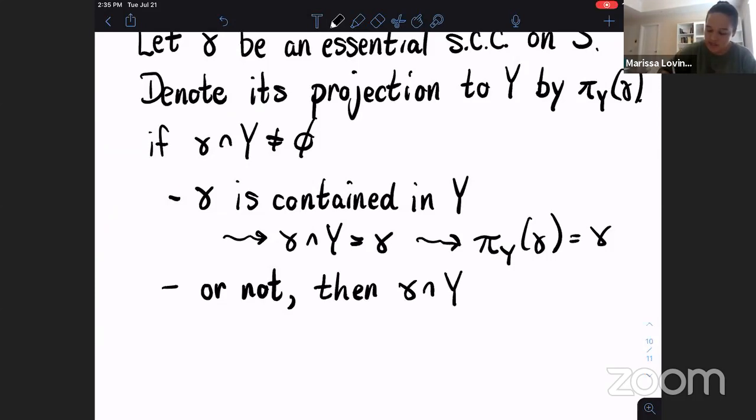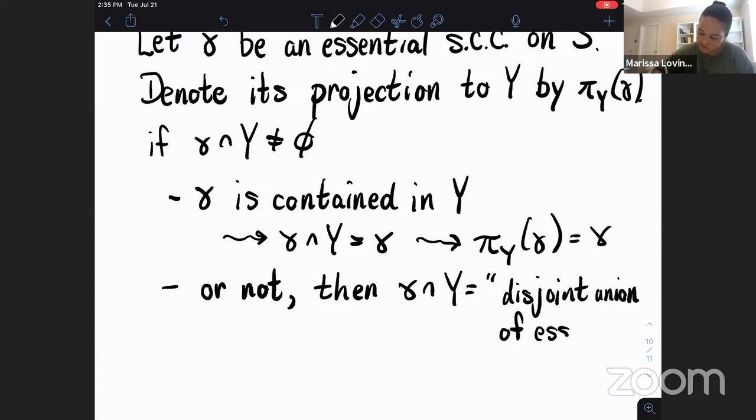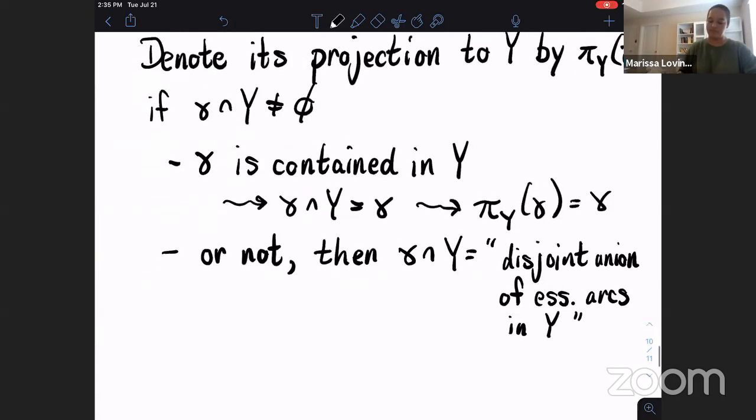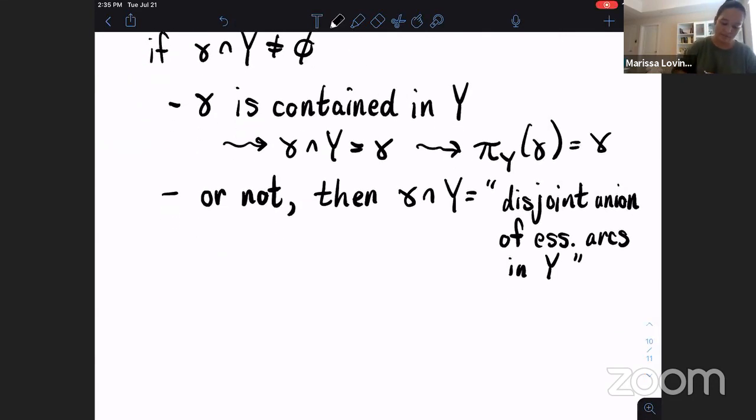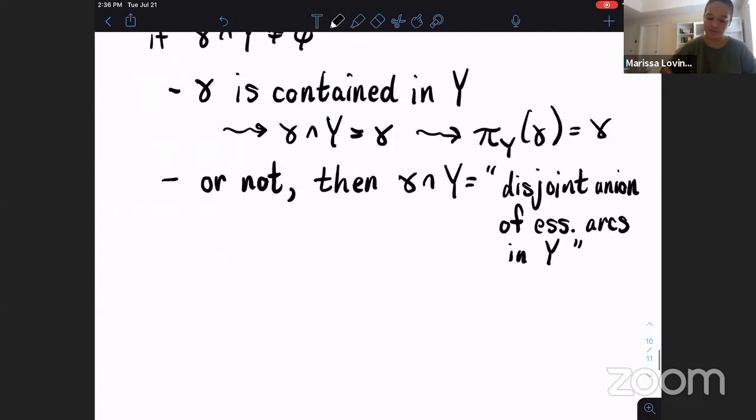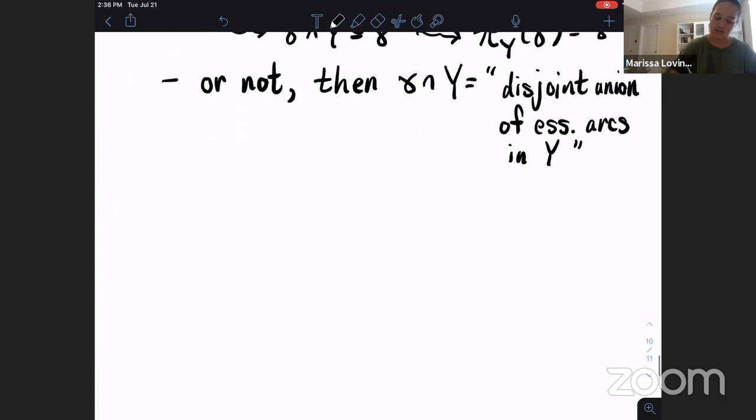This intersection of gamma with Y is going to be some disjoint union of essential arcs in Y. Okay, and so what do we do here? Well, I think at this point, it's just easiest to draw a picture. So let's see if I can draw the picture.